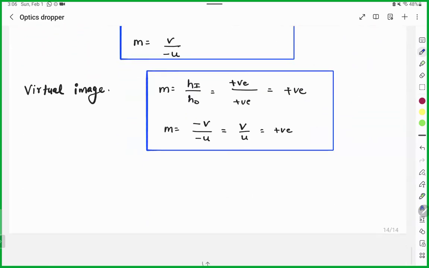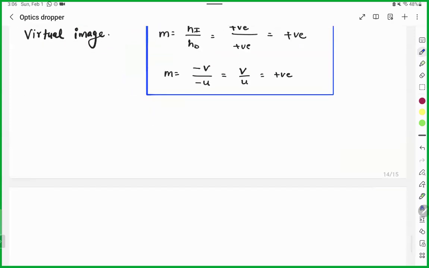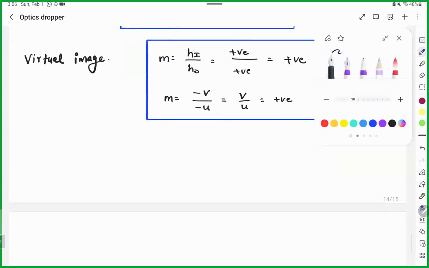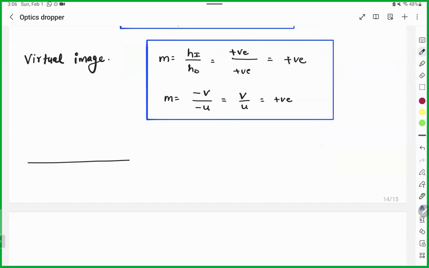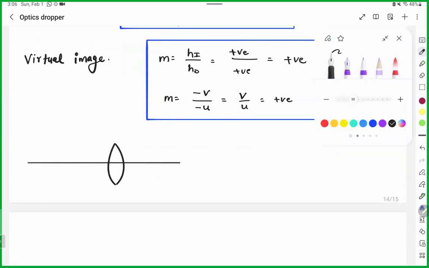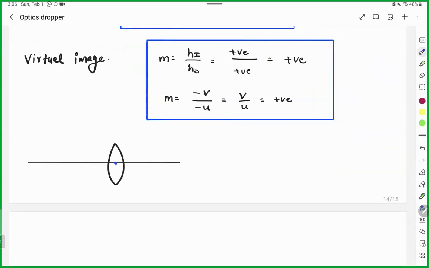How? See, so this is the center of the lens.